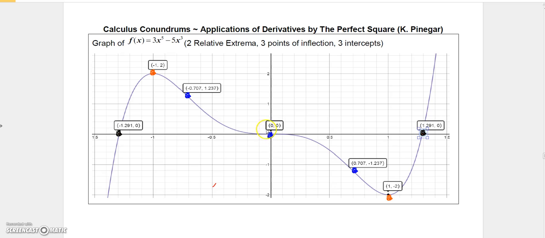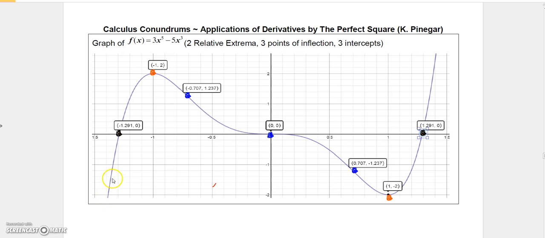And then the other thing I've got to plot is the points of inflection. Well, the points of inflection occur at about -0.7, and you can get the y value by just plugging -0.7 into the function. And so there's a point of inflection there, a point of inflection there, and a point of inflection there. And then we can determine where the function is increasing, where it's concave up, where it's concave down, and so forth. And then we can plot the graph through these points.